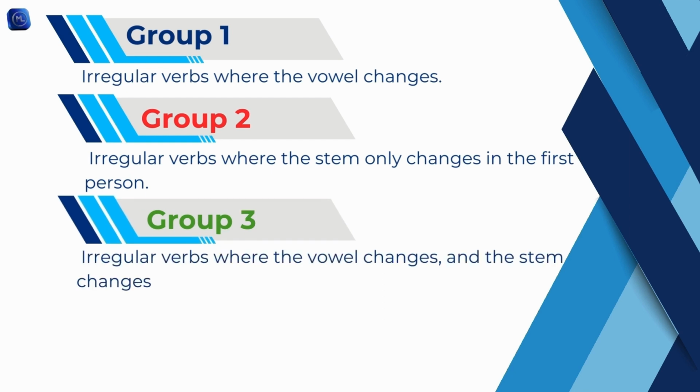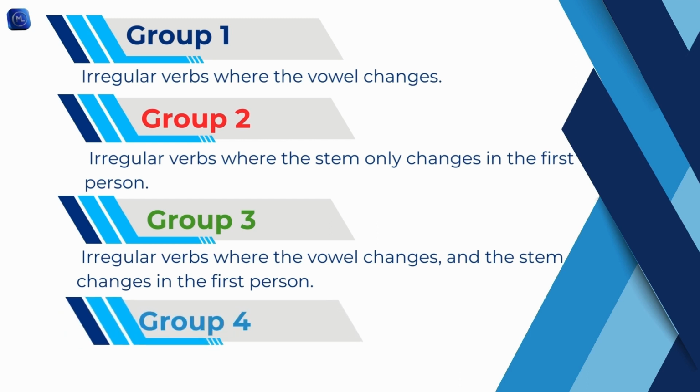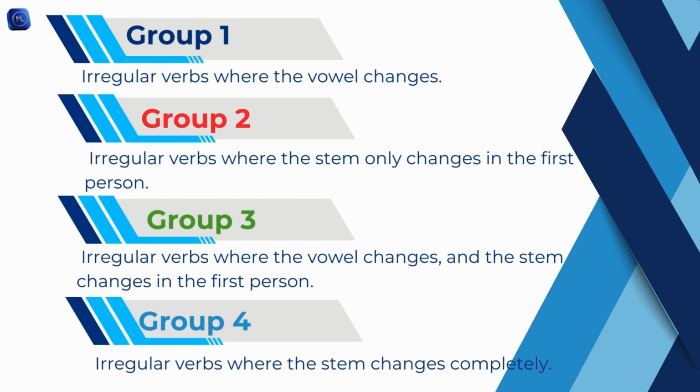Group 3. Irregular verbs where the vowel changes and the stem changes in the first person. Group 4. Irregular verbs where the stem changes completely. Here is a list of irregular verbs in Spanish with their 4 types. You will see how easy they are.